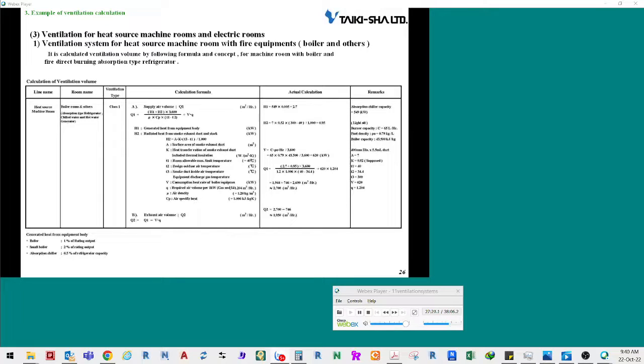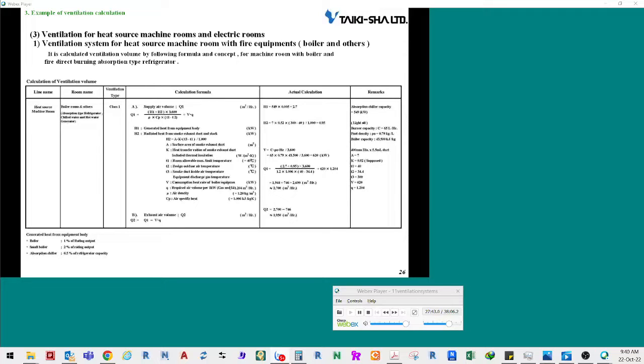Next, multiply the consumption heat capacity by the coefficient based on required air quantity. For gaseous fuel and liquid fuel, as a coefficient based on air quantity required, use 1.204 cubic meters per hour per 1 kilowatt of consumption heat capacity.